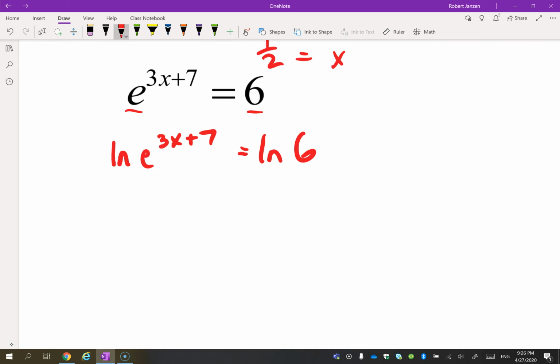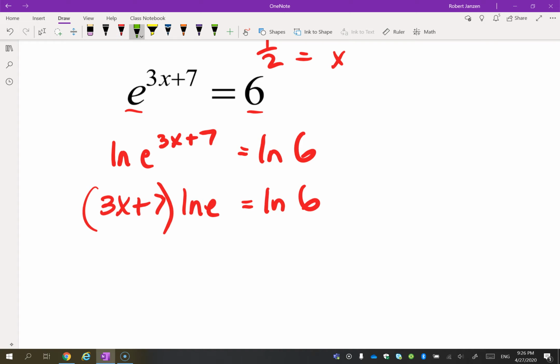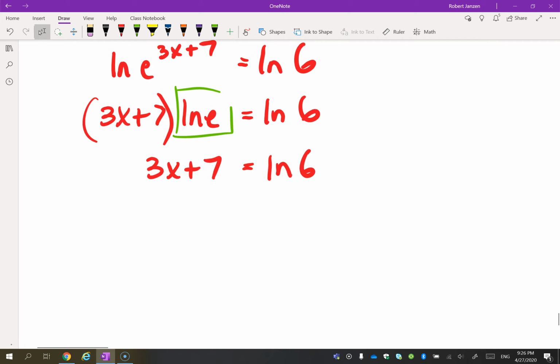Okay, that allows me to put 3x plus 7 as a coefficient. Again, you see that's 1. So you have the natural log of 6. So what's x going to be?